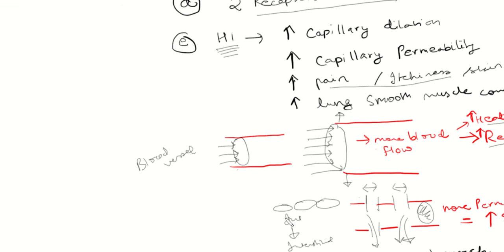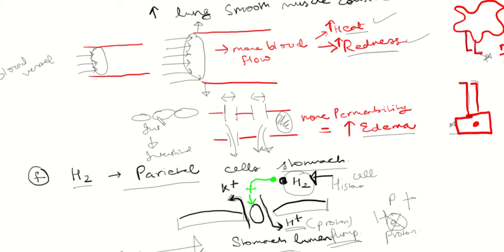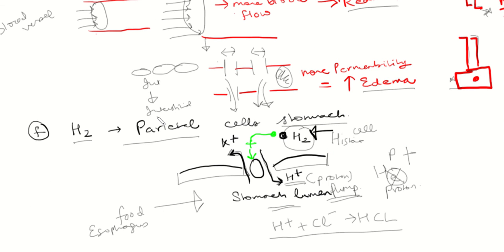So again, we talked a little bit about that, and then finally we finished up with the H2 receptor, which is the other receptor, and when the histamine molecule acts on it, what does the parietal cell do, and how it causes the acid production.